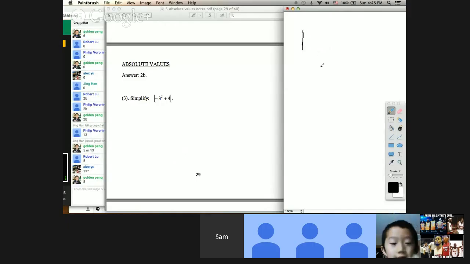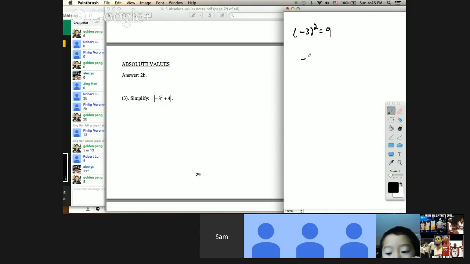So, it's 5. Since there's no parentheses around it, if you took this right here and squared it, that would equal 9. But if you take this right here, this equals negative 9. Since there's no parentheses, this square can't change this negative number. If you had negative 3 in parentheses squared, that would equal positive 9.